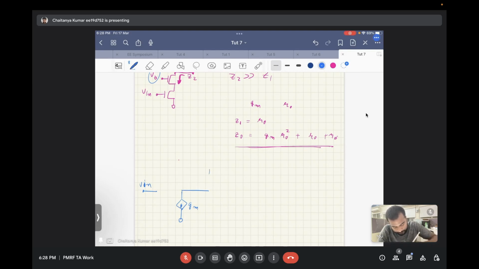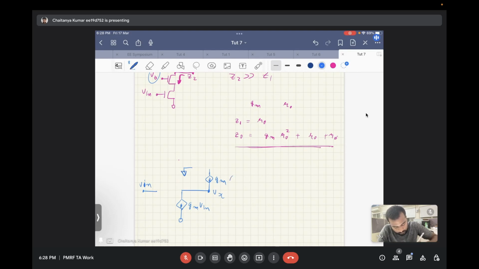Then we have this Gm times Vin. Then we have another current source over here as Gm. Let's say this is Vx, and this is a ground.